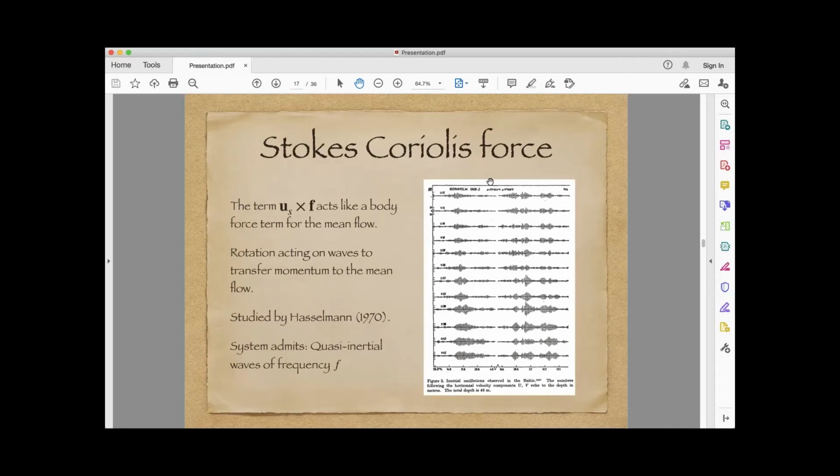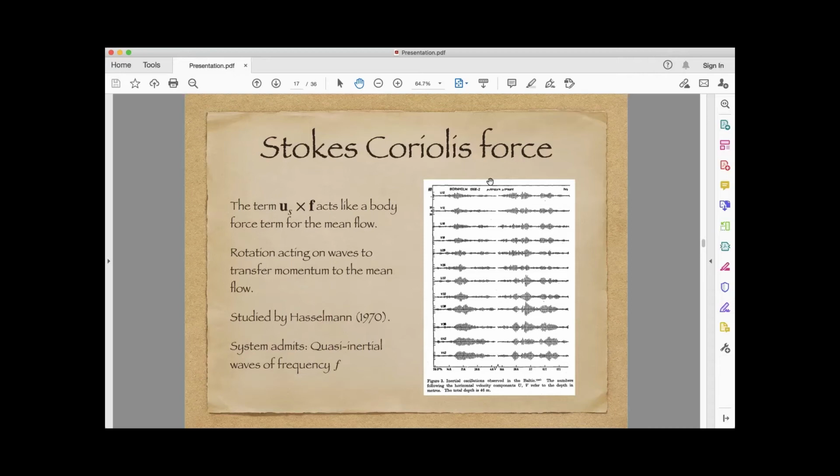This is again another term where you have rotation acting on these waves. They transfer some momentum from the waves to the mean flow. Hasselmann studied this term and its consequences a lot. There's an interesting phenomenon of quasi-inertial waves that are driven by this effect of rotation on the waves.